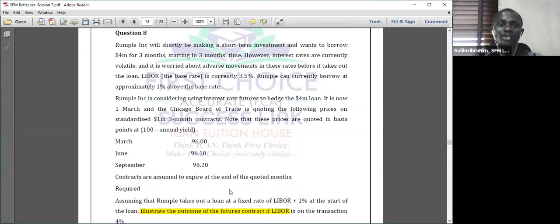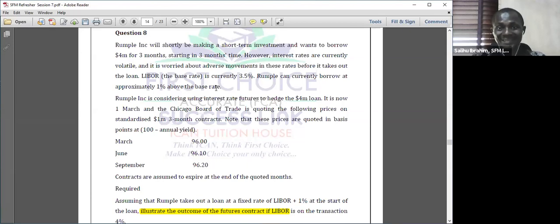Rumpool Incorporation will shortly be making a short-term investment and wants to borrow $4 million for 3 months, starting in 3 months' time. However, interest rates are currently volatile, and it is worried about adverse movement in this rate before it takes out the loan. LIBOR, the base rate, is currently 3.5%. Rumpool can currently borrow at approximately 1% above LIBOR.